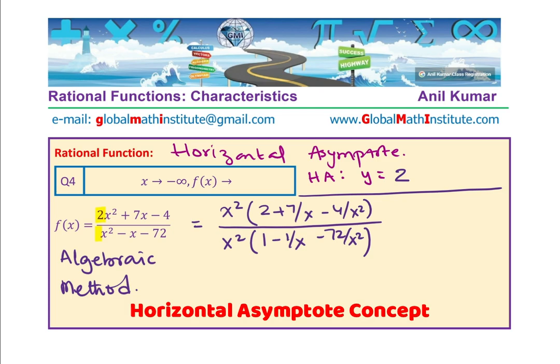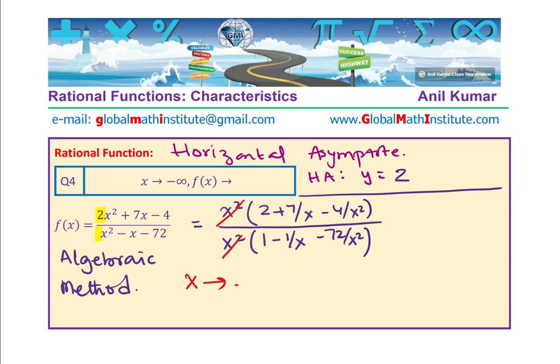Now see, if that is the expression, then clearly x squared cancels, right? Now, as x approaches a very large value, it could be negative infinity or positive, what happens to 1 over x? Well, 1 over x will approach 0, right? Similarly, 1 over x squared will also approach 0, right? Even 7 over x will approach 0, right?